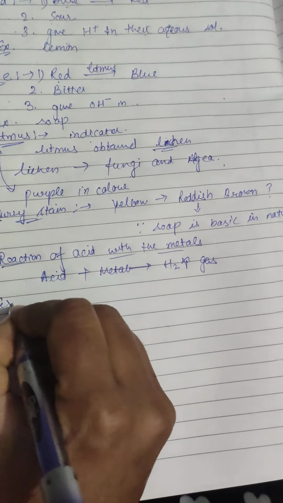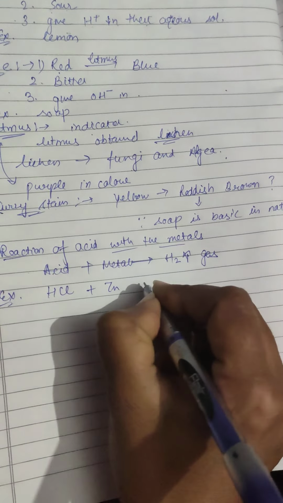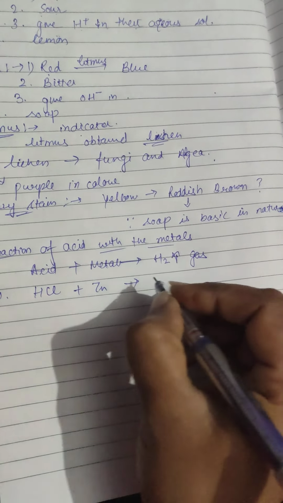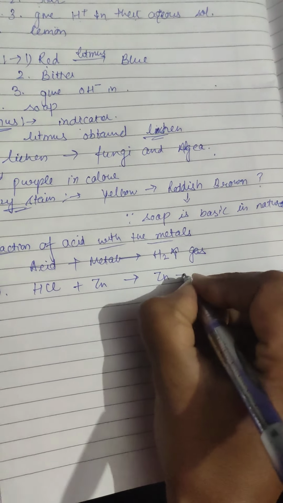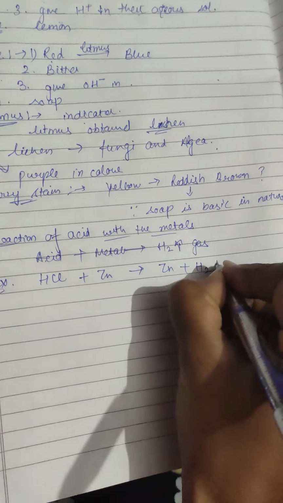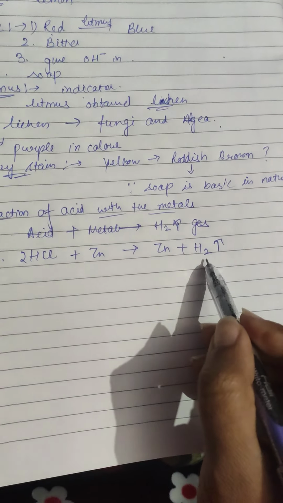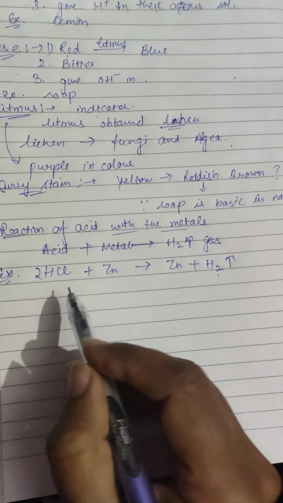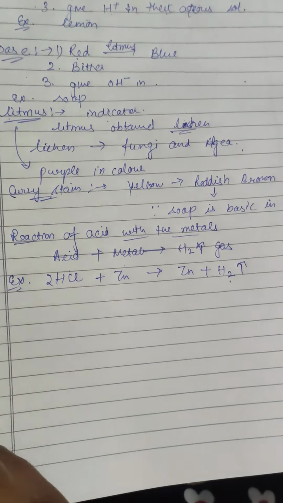For example, take an acid, HCl, plus metal zinc. It is converted into zinc chloride plus hydrogen gas. The hydrogen gas is evolved when the acid reacts with a metal.